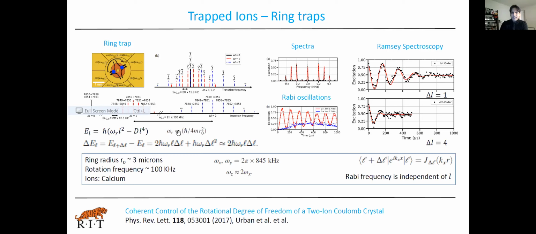There's no external driving. It is what sets the mean angular momentum. That's the experimental parameter under control, right? Once the mass and the equilibrium distance are fixed, you don't change this omega r. I think you're right.